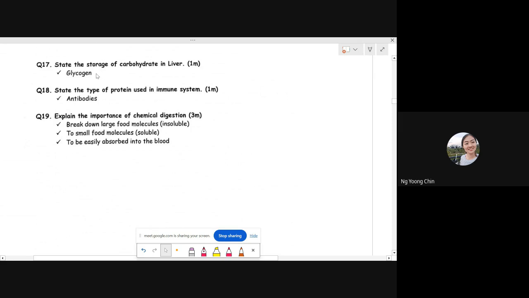And then, okay, glycogen. What is meant by glycogen? Glycogen helps to store carbohydrates in the liver. Glycogen is a type of polysaccharide, right? It's a polysaccharide. It's a very important energy storage compound.